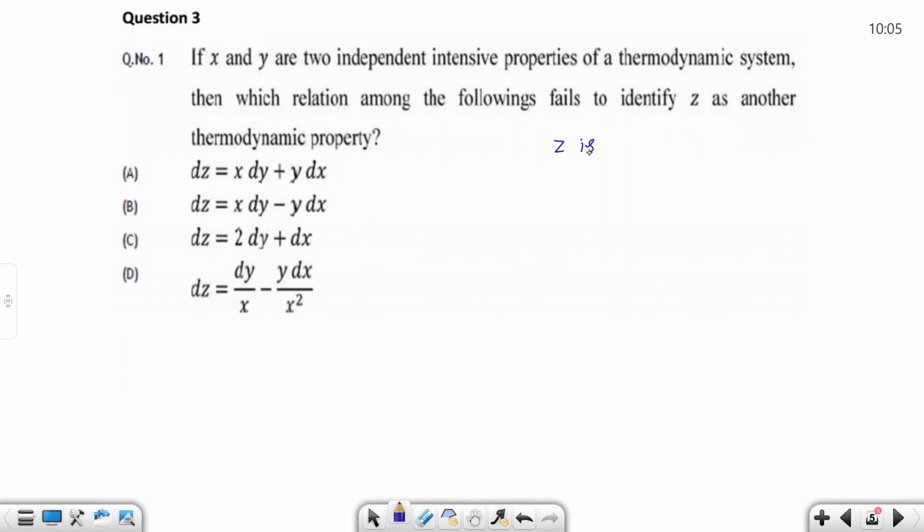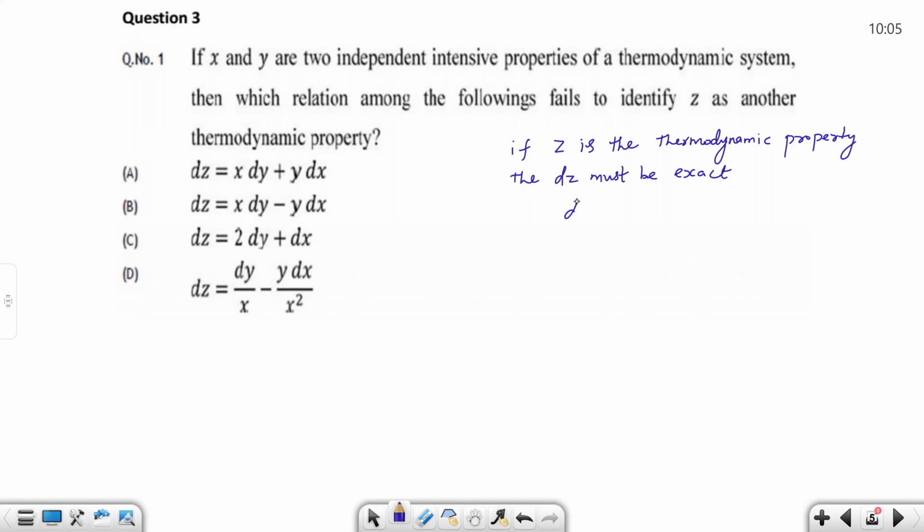If Z is a thermodynamic property, then dZ must be exact.